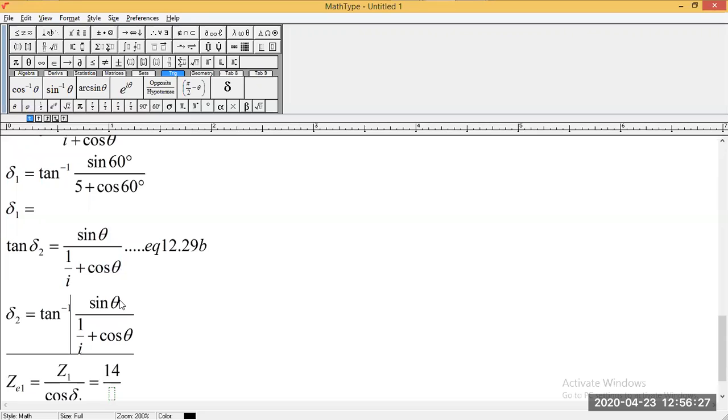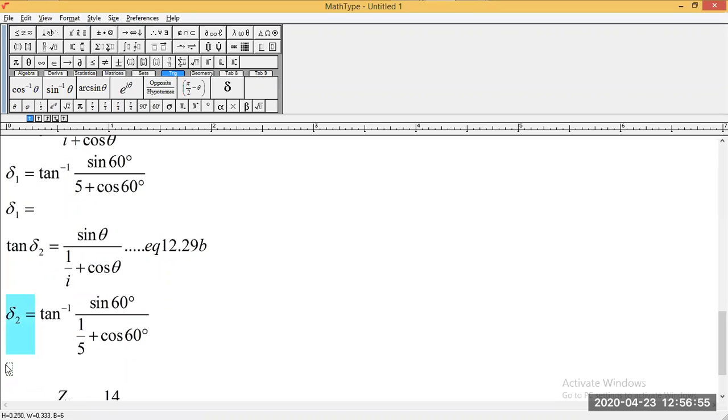We are doing this to find delta 1 and delta 2. It will be required in later steps. Just copy this again. Almost there. So we'll find delta 1 and delta 2 from these equations here.